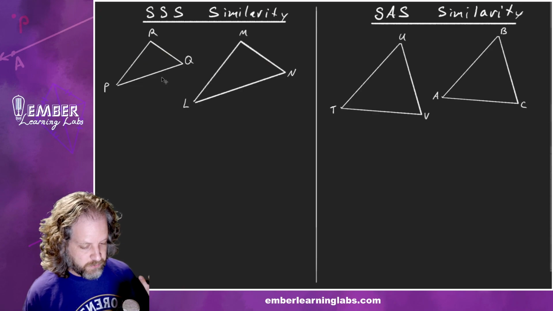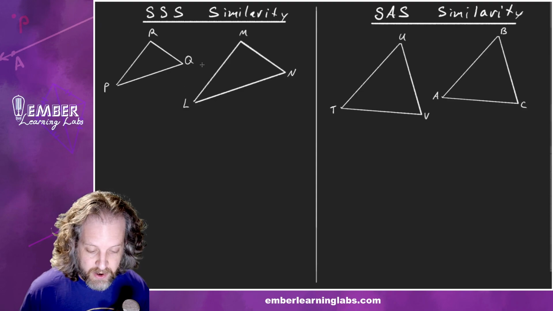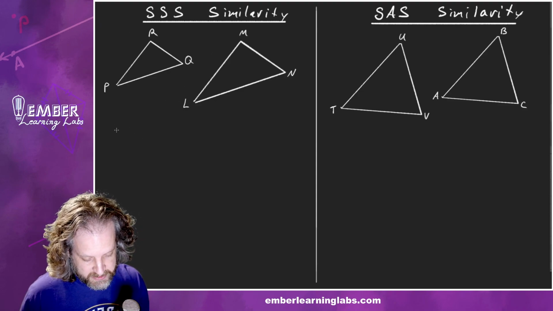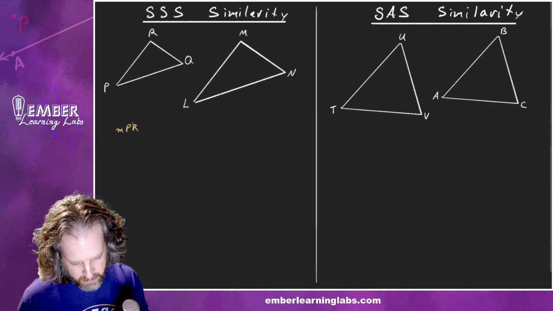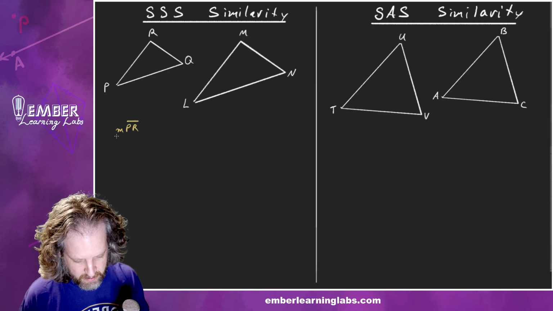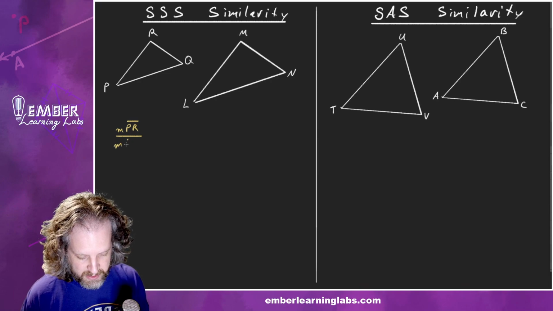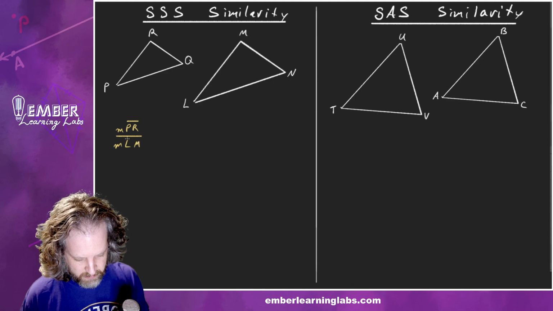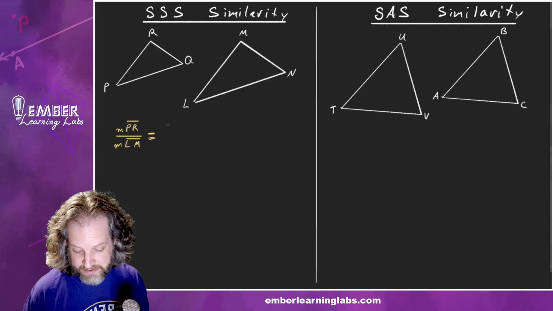So if we can prove that all of the sides are proportional, so like if we were to write out the side similarity for these triangles, we would say that the measure of PR to the corresponding one, the measure of LM, equals the fraction of the other one. And we would have to have them all.